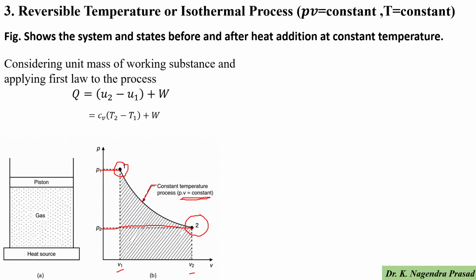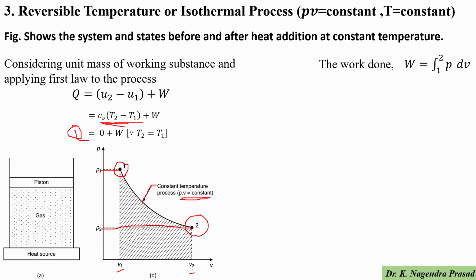Then Q equals Cv into T2 minus T1 plus W. Since this is the isothermal process where the temperature is constant, T2 equals T1, then the change in internal energy is 0. So Q equals 0 plus W, so Q equals W.